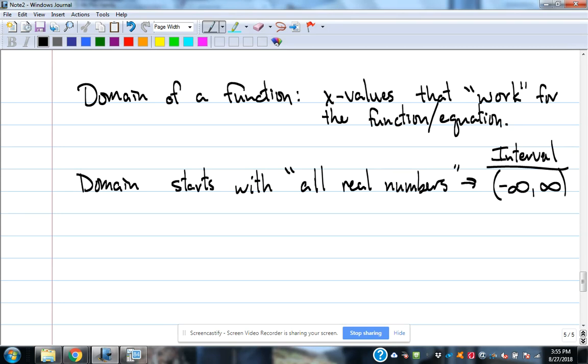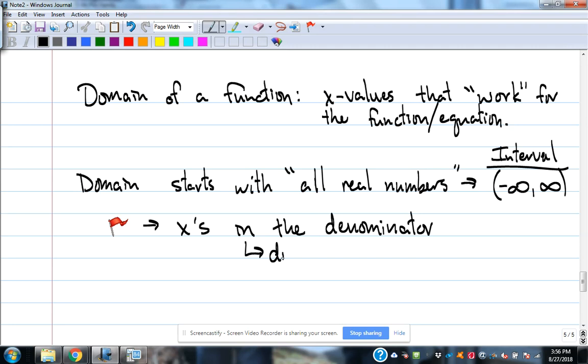What happens with a function is we get these red flags that can come up. One of the red flags that can come up is that there are x's in the denominator. That's a definite red flag. And if there are x's in the denominator, what that can create is division by 0. Okay, that's why that's a red flag, because 0 is the only number in the world we cannot divide by.